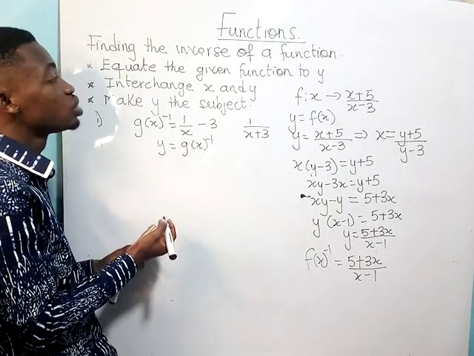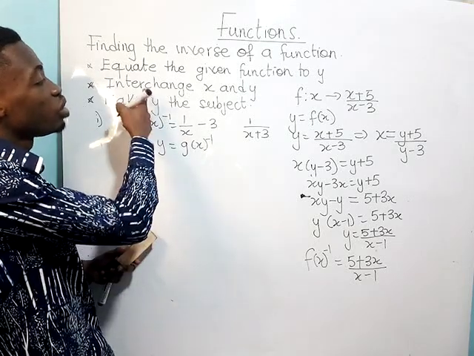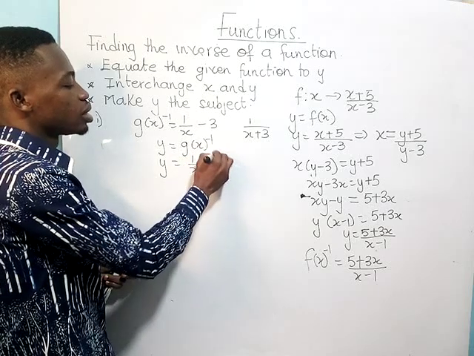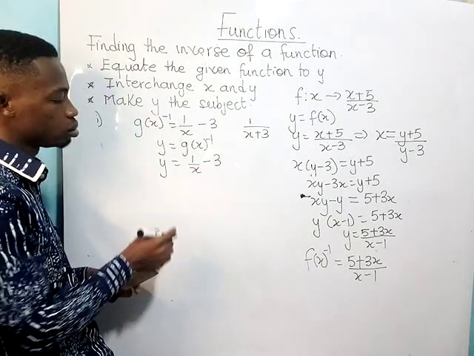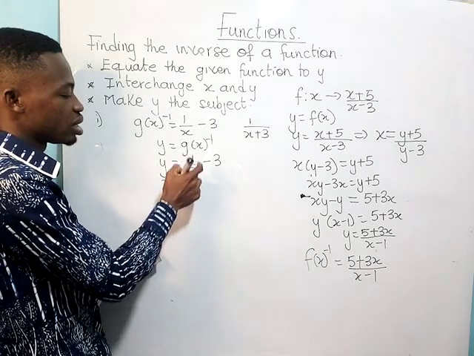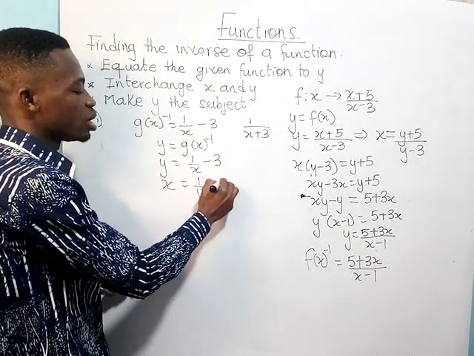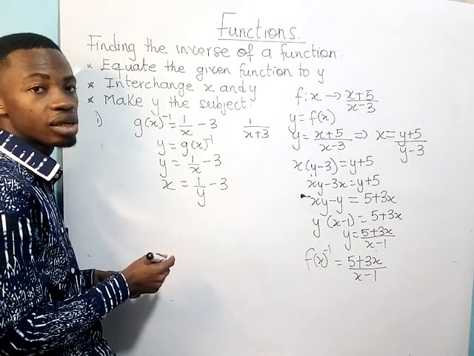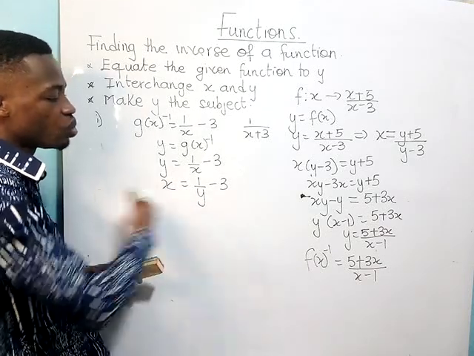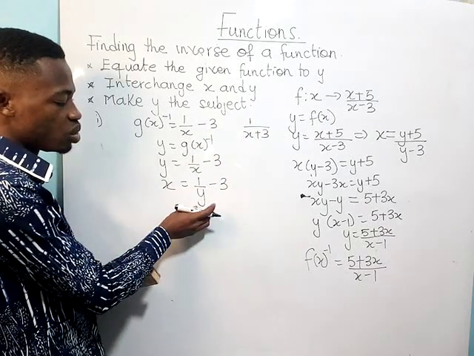Now the next thing to do is to interchange x and y. So y becomes x and x becomes y, so we have x equal to 1 on y minus 3. Now let's look at what is happening here. Here, we multiply through by the LCM, which is y.